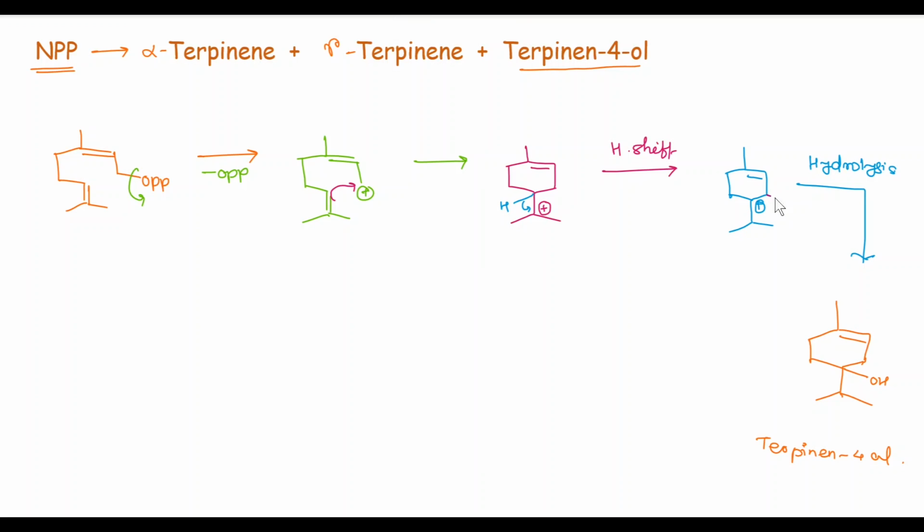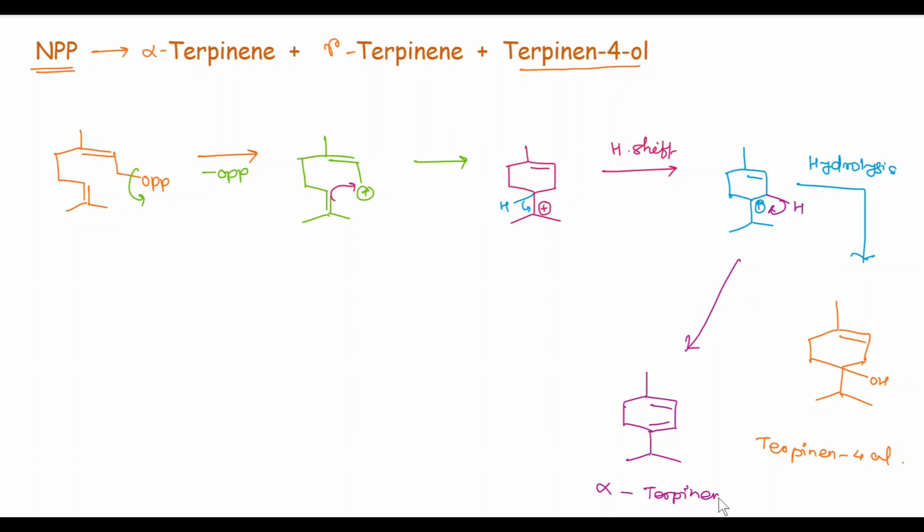Whenever you shift this proton here, then we get a double bond here and a double bond here, and this is called alpha-terpinene.